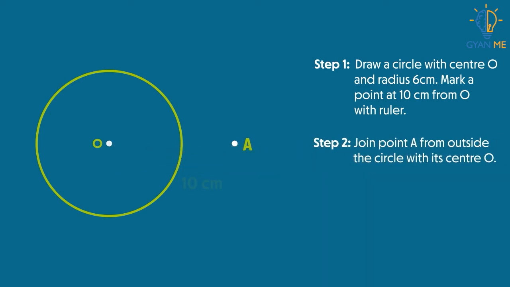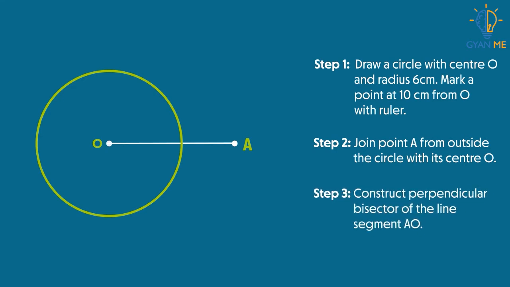Step 2. Join point A outside the circle with its center O. Step 3. Construct perpendicular bisector of the line segment AO. For this, take compass with radius equal to more than half of length of AO. Taking A as the center, draw an arc below and above the AO.